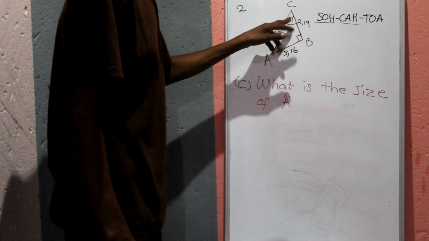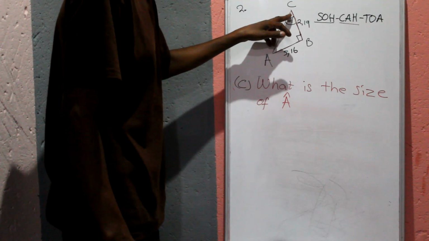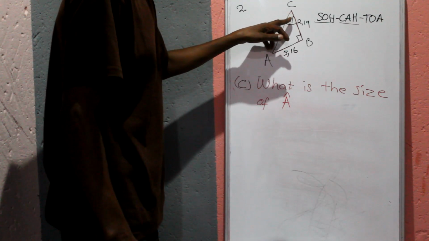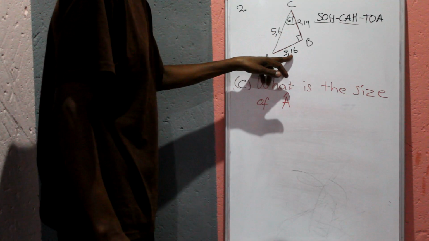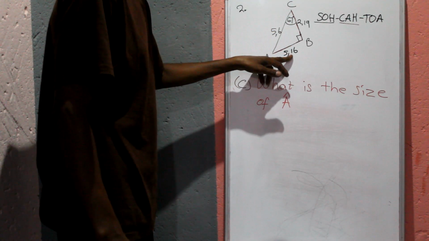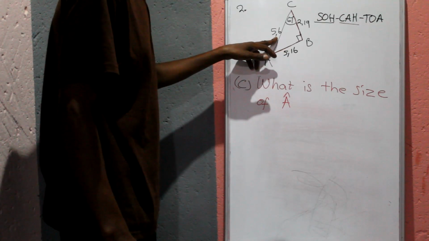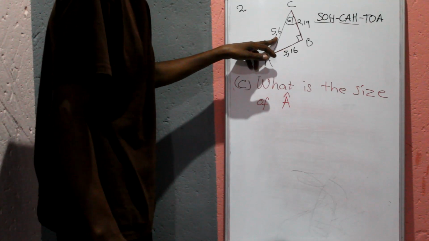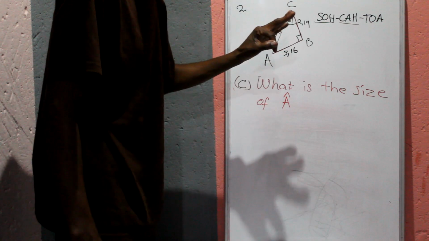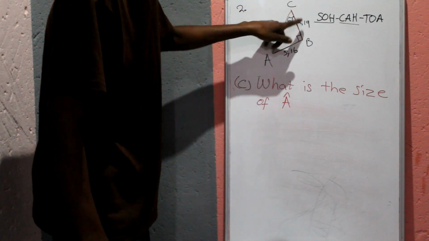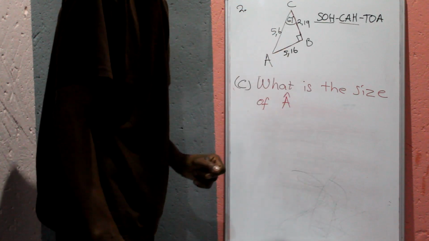Or you can use cos of this angle using the adjacent side, being AB, over the hypotenuse. Or thirdly, you can use the sum of angles in a triangle.